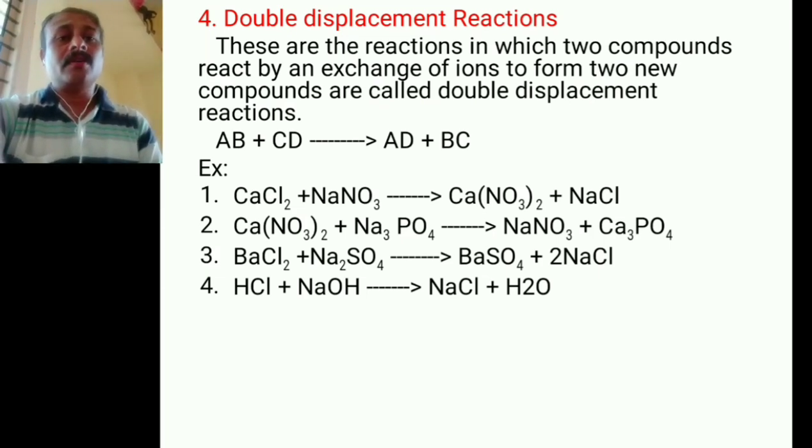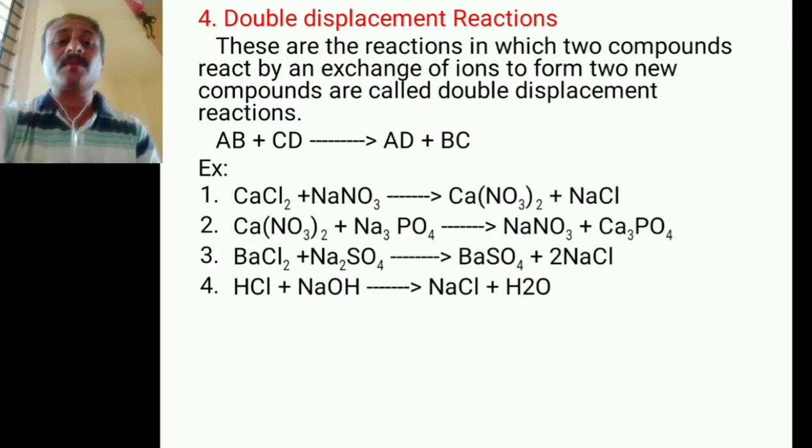Okay, for examples, generally you take AB, one compound, combined with CD. Here A combines with D, leaving B, and B combines with C. So there is an exchange of ions. A combines with D and B combines with C, forming new compounds AD plus BC.